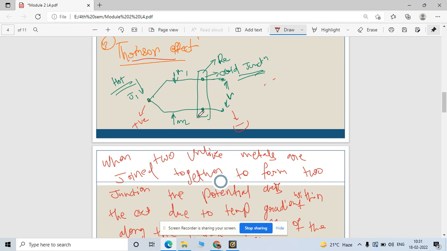For example, inside a boiler there are different lines. There are arrangements which make connections of different metals.